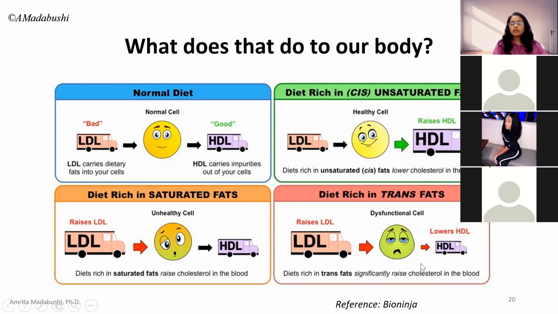A similar thing is done by trans fat. It lowers the HDL. So it significantly raises cholesterol amount. So these are the two, saturated and trans fat, which raise the cholesterol. And the unsaturated ones, all these olive oils, avocados, salmon, all that you eat, help lower the cholesterol in the blood. So that's the importance of fatty acids in the human body.